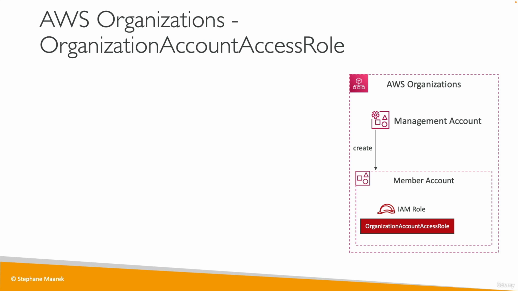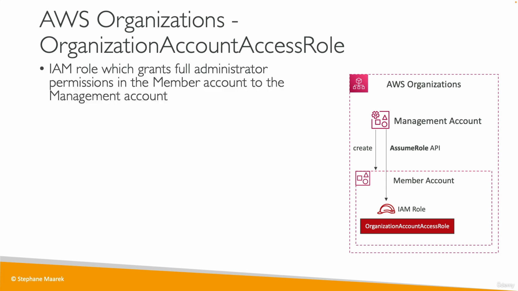And that IAM role is called the OrganizationAccountAccessRole. Now, the management account, when it needs to perform administrative duties on the member account, will assume that administrative role using the Assume API. So this IAM role grants full administrator permissions in the member account to the management account, and this is the magic of how AWS Organizations works.